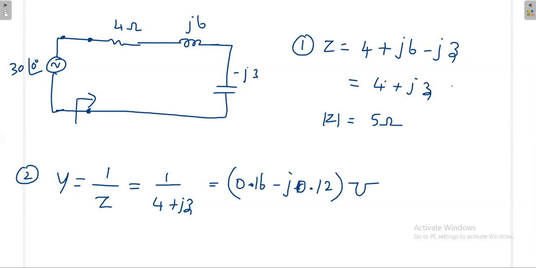Now, if you take the real to imaginary ratio, what is the real to imaginary ratio here? Because for this number you are going to find the inverse. What is the ratio of the real and imaginary parts here? That is 4:3.